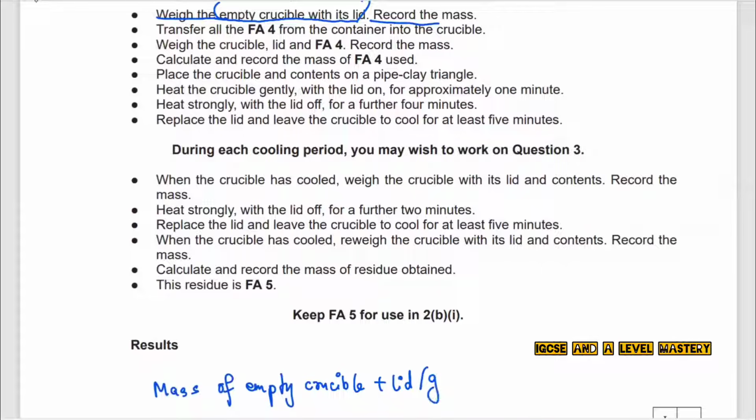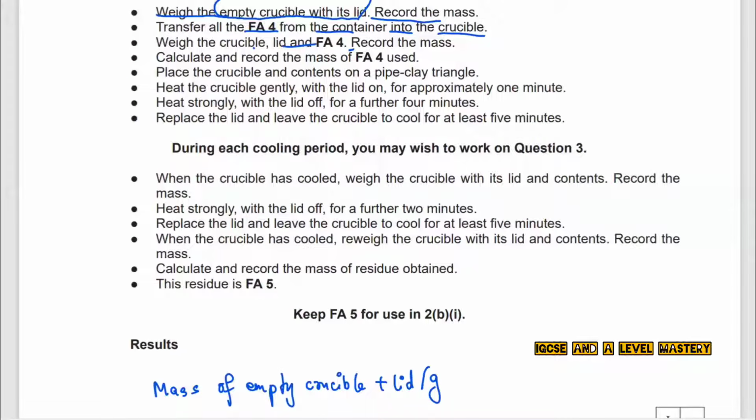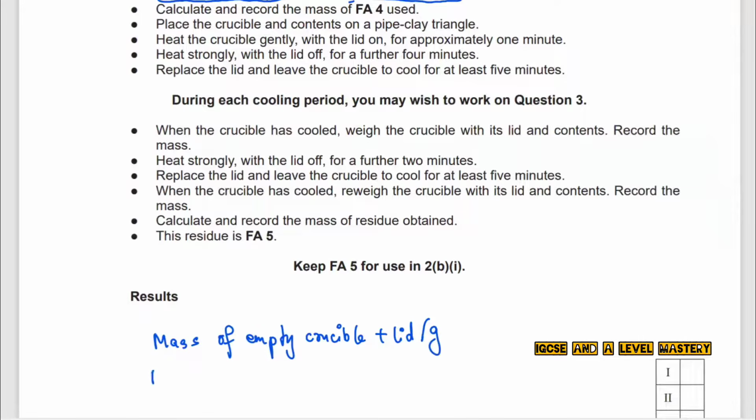This should be in grams. And then the next process is to transfer all the Fa4 from the container into the crucible and weigh the crucible, lid and Fa4 and record the mass. So again, we have to record this mass, that is the weight of the crucible with lid and Fa4. So the mass of crucible plus lid plus Fa4. This also will be in grams.